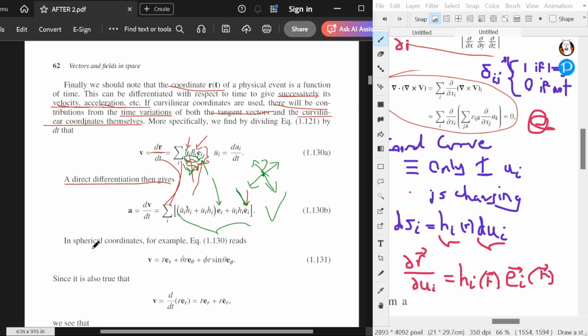Well, let's just keep reading. In spherical coordinates, for example, this reads velocity equal... Okay, well, I can't see. I need to erase some stuff.